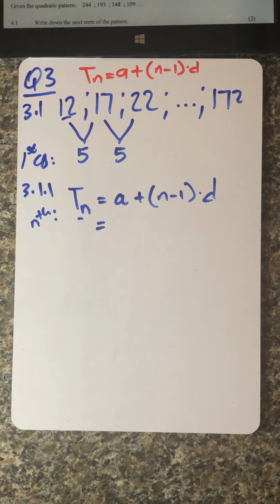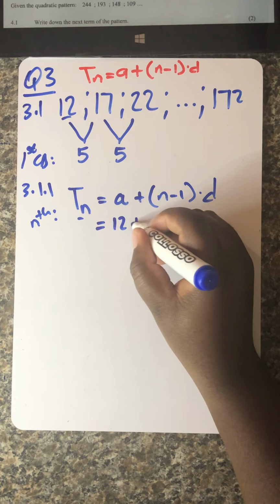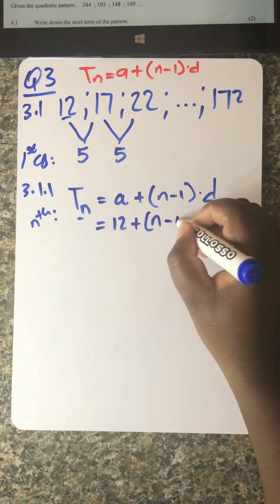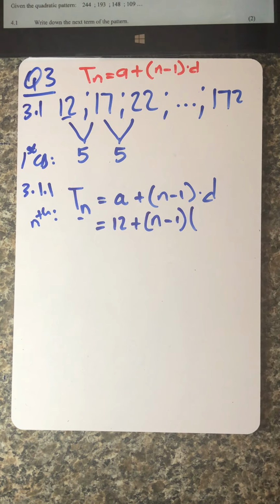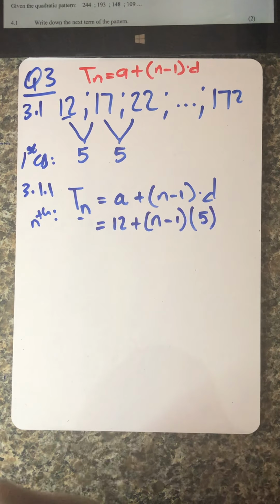The first number is 12. So that means we've got 12 there plus (n minus 1). What is our D? We know our D is equals to 5. Very, very much important, guys. Our D is equals to 5.